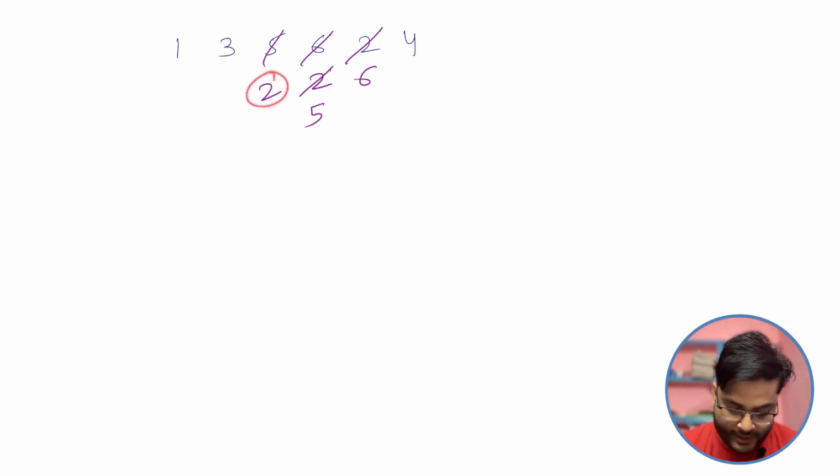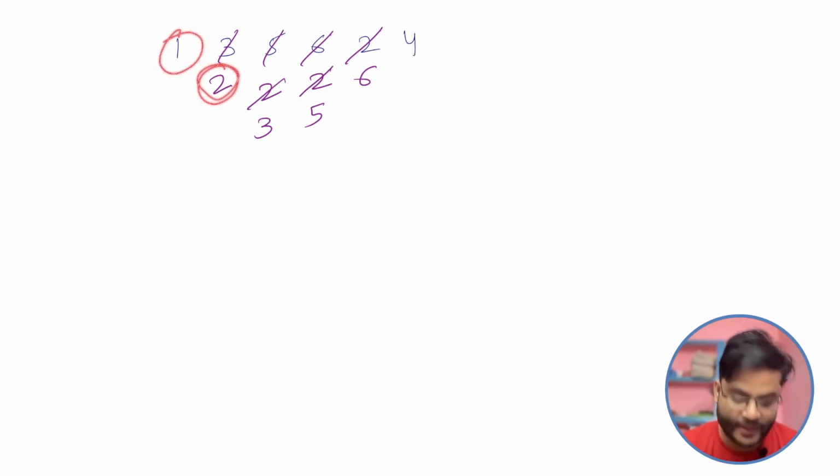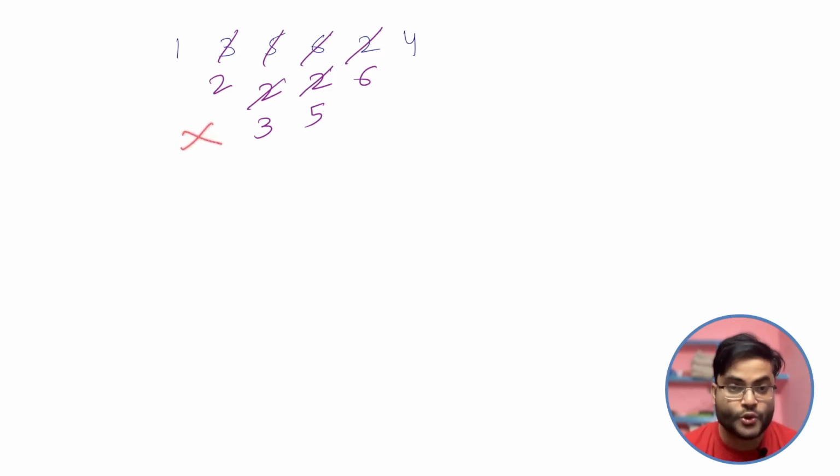Compare 2 with 3. 3 is greater than 2. That means 2 is still not in the correct position. So swap 2 with 3. So 2 will be here, 3 will be here. Now again compare 2 with 1. 2 is greater than 1. That means 2 is in the correct position, so no need to swap.